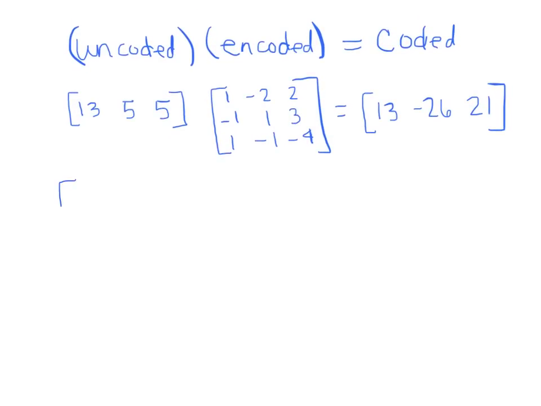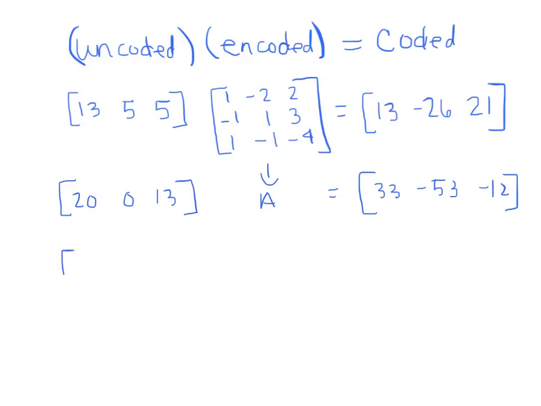So if I take the next one, which was 20, 0, 13, and for now I'm just going to call this matrix A, because you should already have that entered into your calculator. When I multiply these together, you get 33, -53, -12.